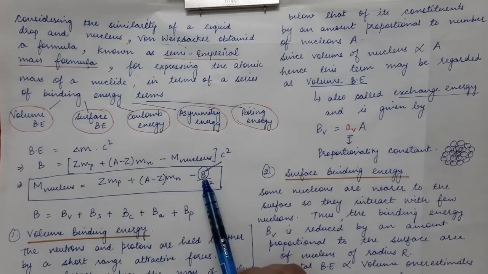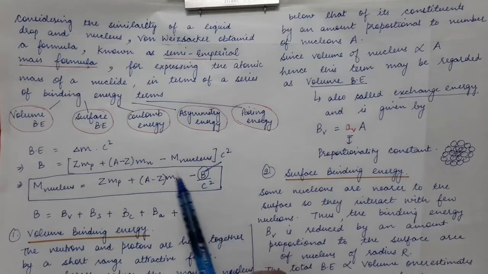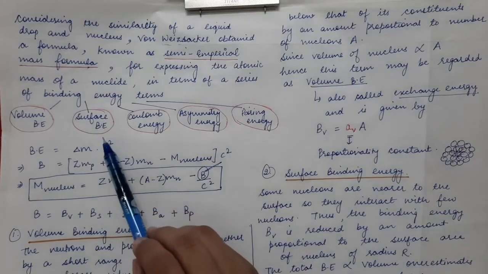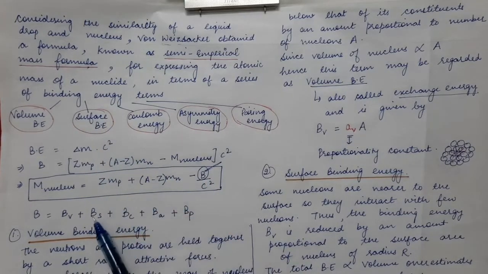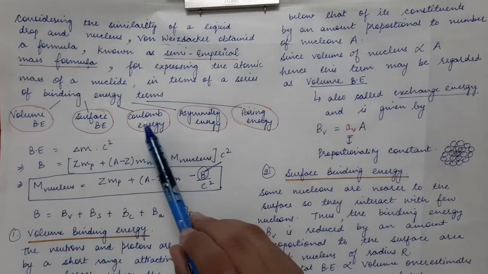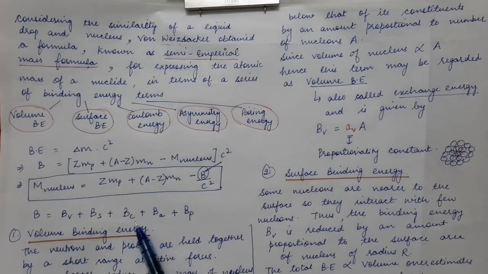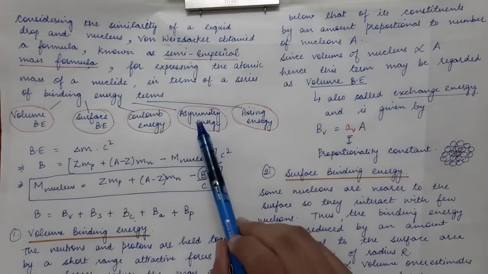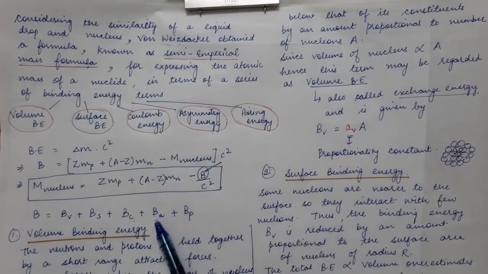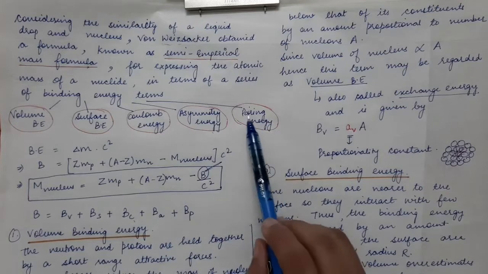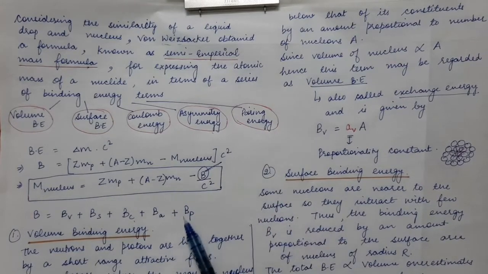Then it is also contributed by the surface energy, represented by Bs. Then the Coulomb energy, represented by Bc in the subscript. Then there is the asymmetry energy, represented by Ba, and last we have the pairing energy, represented by Bp.